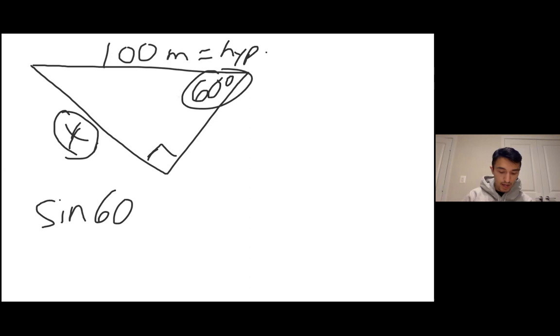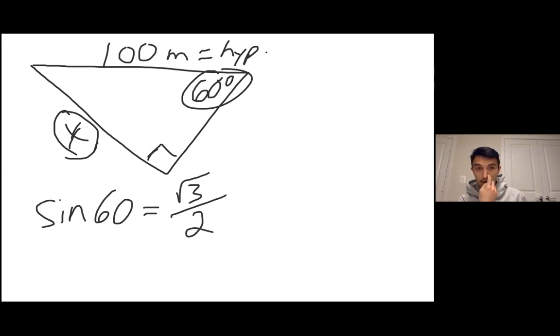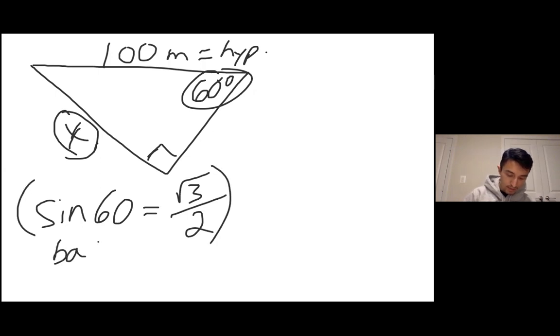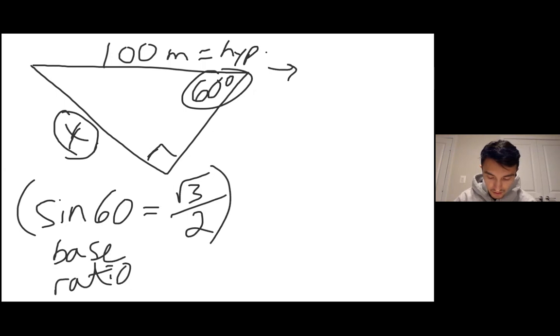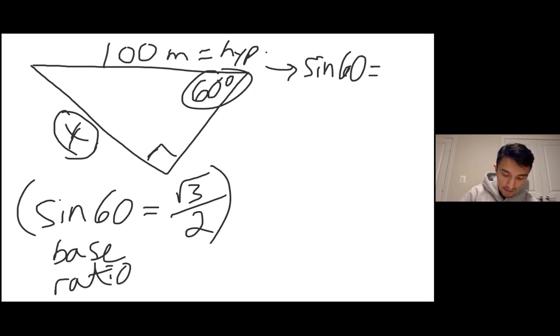So sine of 60 we know has to equal, if you look from the previous notes, square root of 3 over 2. And that's the base form, the base ratio, right? Well, in this case, for this triangle, we can say that the sine of 60 is going to equal the opposite, which is x, and the hypotenuse in this case is 100.